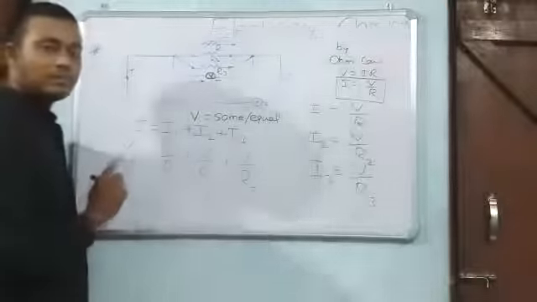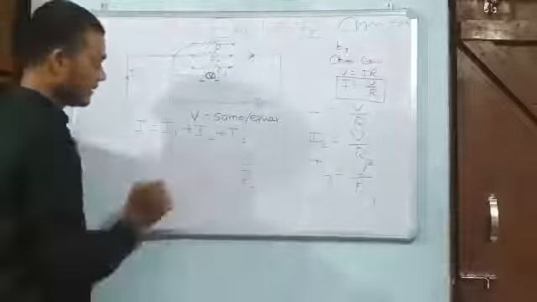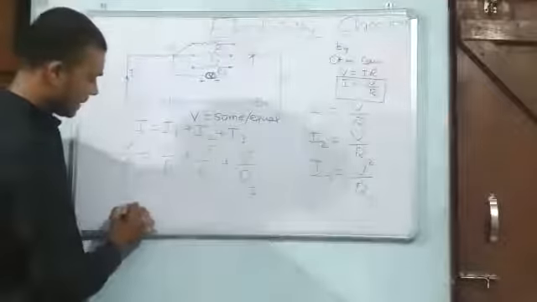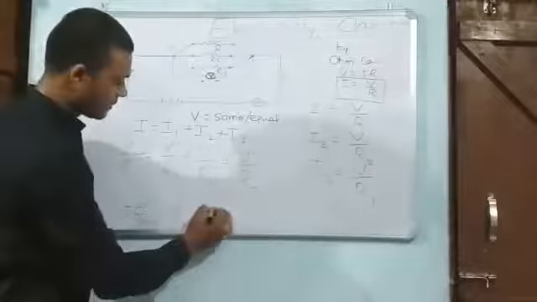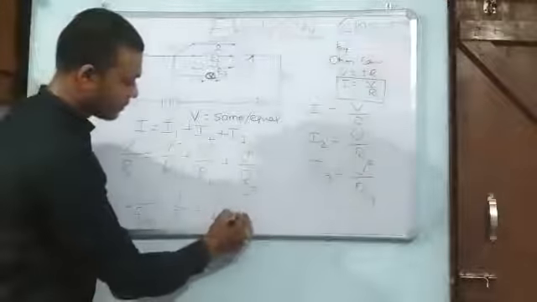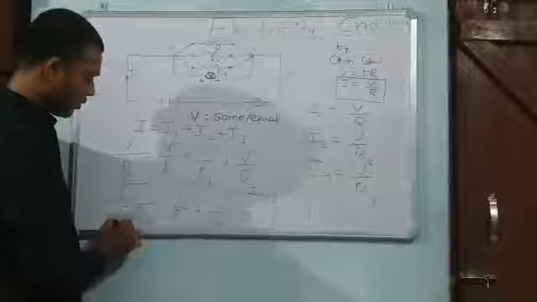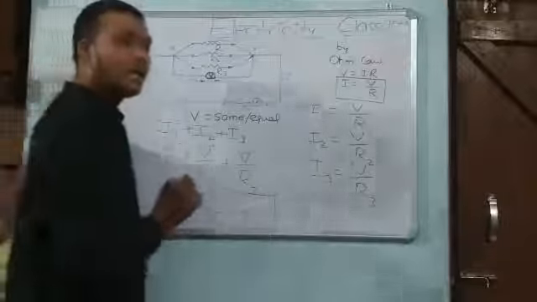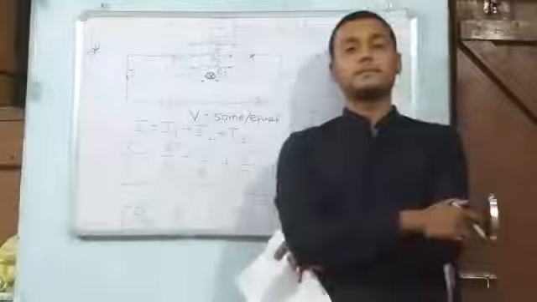We know that V is the same, so V is cancelled out, and the result is 1 upon R equivalent is equal to 1 upon R1 plus 1 upon R2 plus 1 upon R3. So this is the required value of R equivalent.